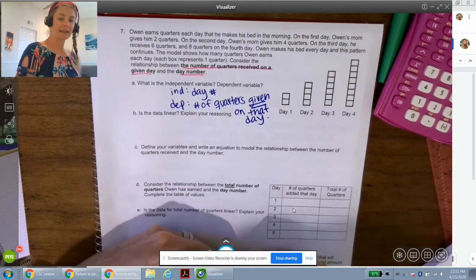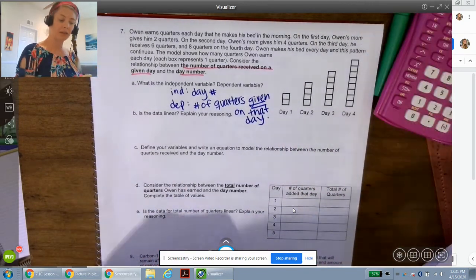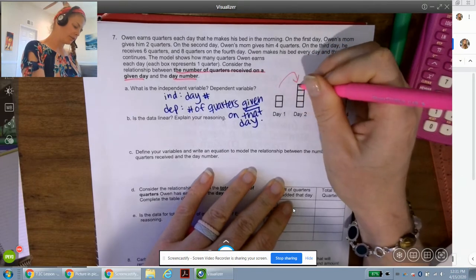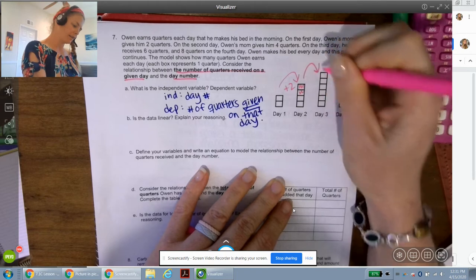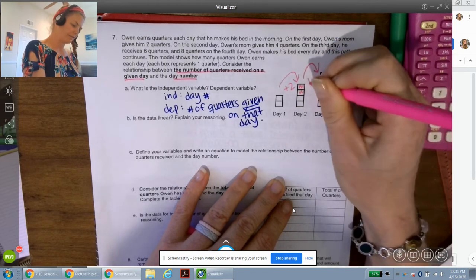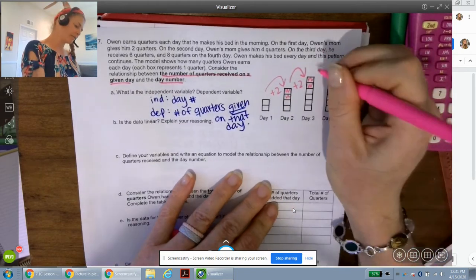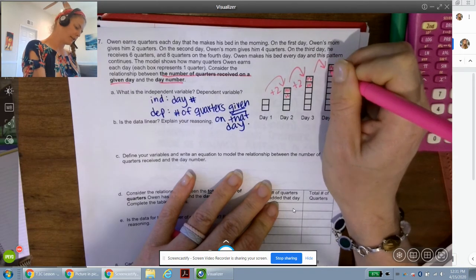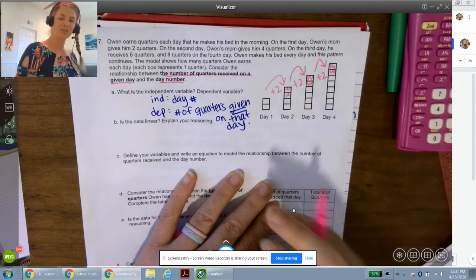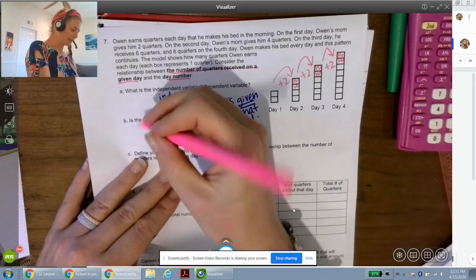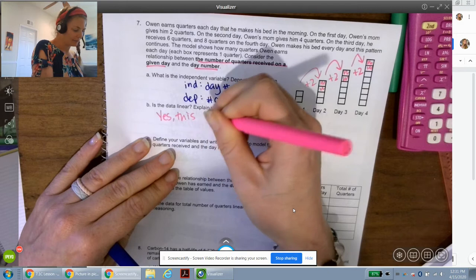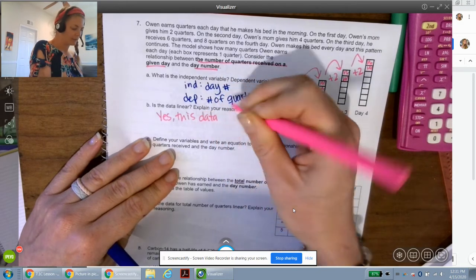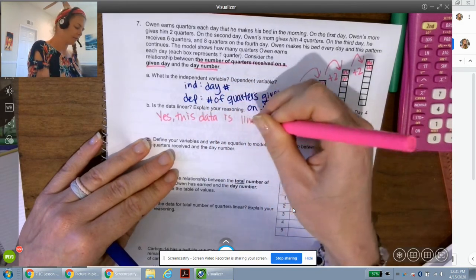Okay, is this data linear? Well, let's see if there's a constant rate of change. Day 1 to day 2, 2 more quarters given. Day 2 to day 3, 2 more quarters given. Day 3 to day 4, 2 more quarters given. So yes, this data is linear.